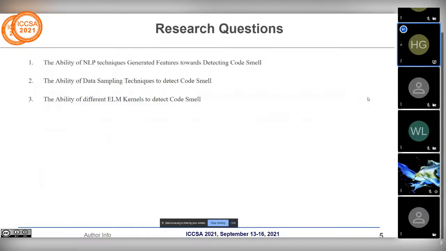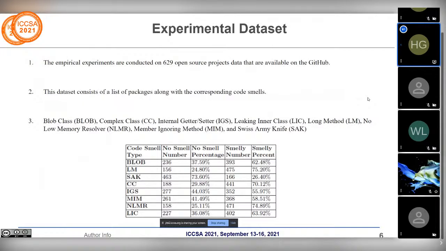Based on a given data set, we need data sampling techniques as well, in order to understand how data imbalance and other issues in data can be handled. And last but not the least, we will be using extreme learning machines and their different kernels for classification.